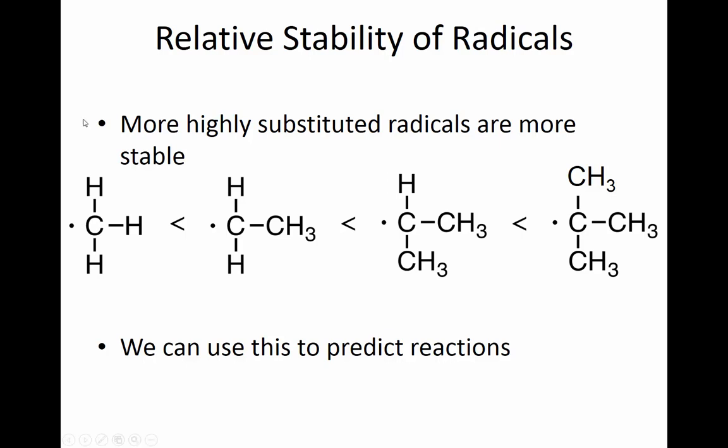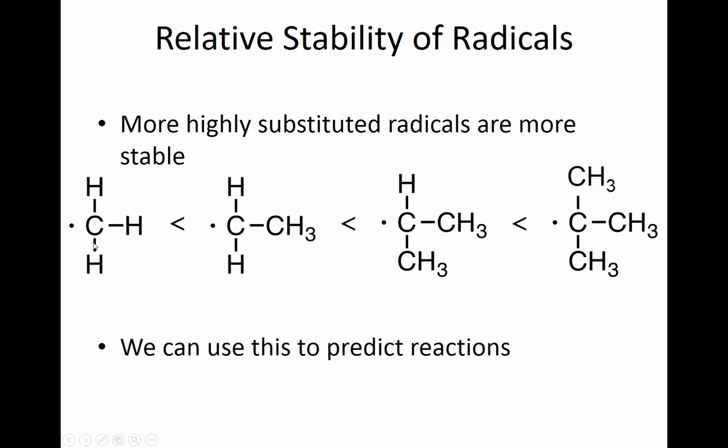Back to radicals. We don't necessarily think of radicals as having an ordered stability, or some being more stable than others. But in the case of reactions, more highly substituted radicals are more stable. What do I mean by that?